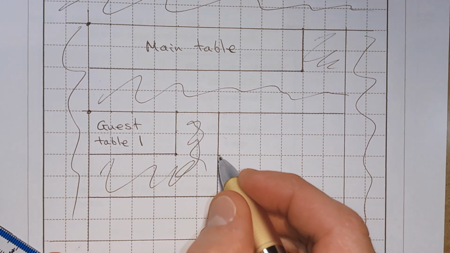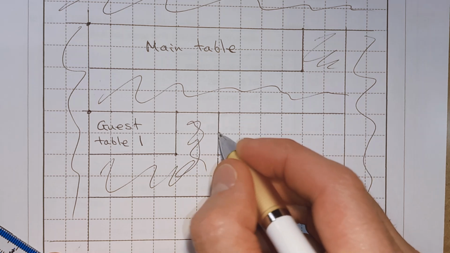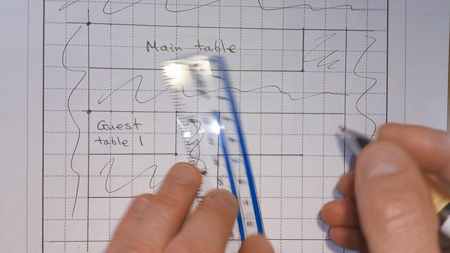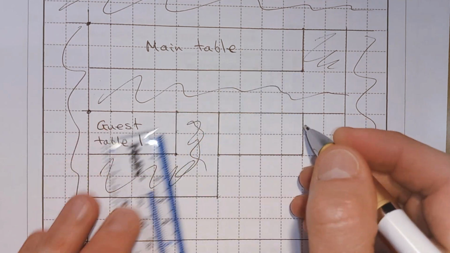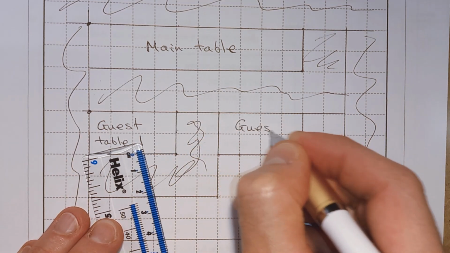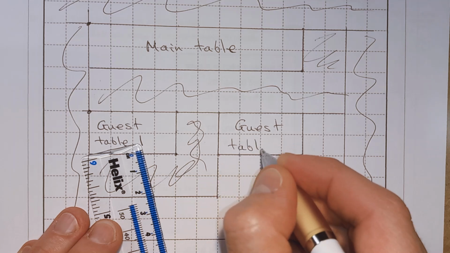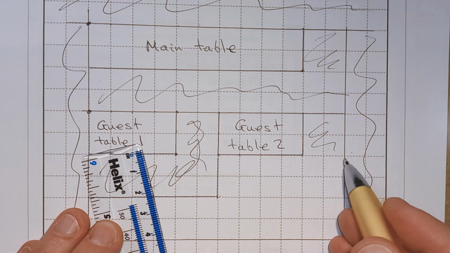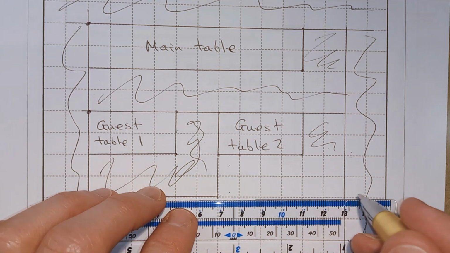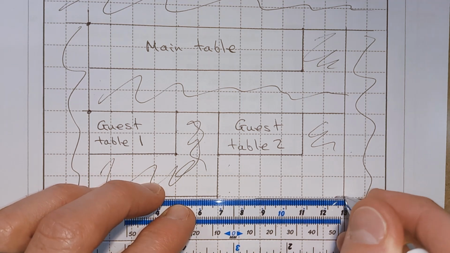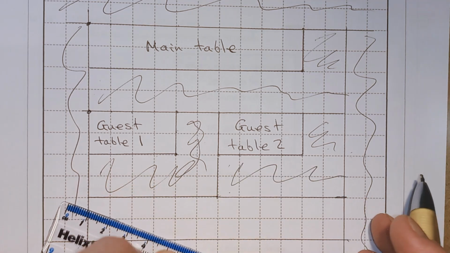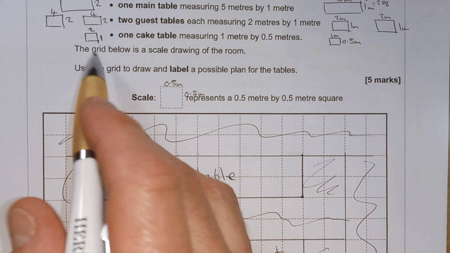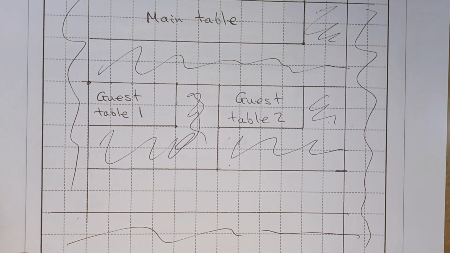But we can put another table starting here. So 1, 2 down, 1, 2, 3, 4 across. So this can be our guest table 2. And then we need our space of 2 boxes, or 1 meter this side and 1 meter down here. Leave that blank. Now all we've got left is our cake table, which is 2 squares by 1 square.